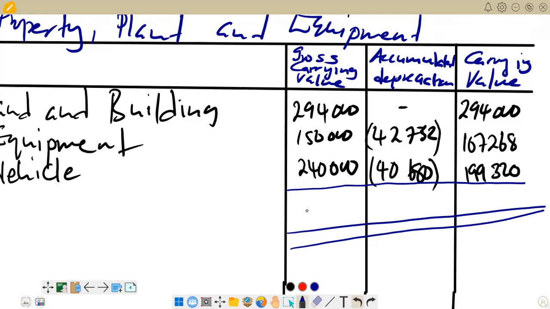For the first column, the total is 684,000. Then here we are adding 42,732 plus 40,608, and the answer that we are supposed to get there is 83,104. Then I show it in brackets since we are subtracting from this one to get this one. Here we add again the total there.